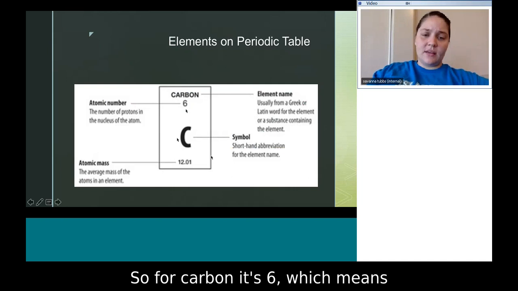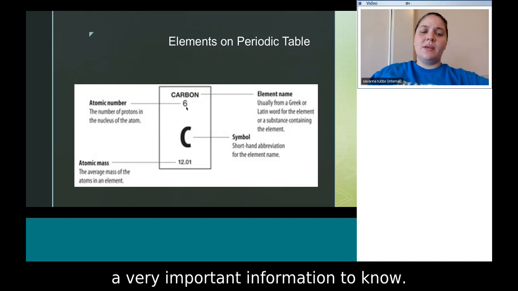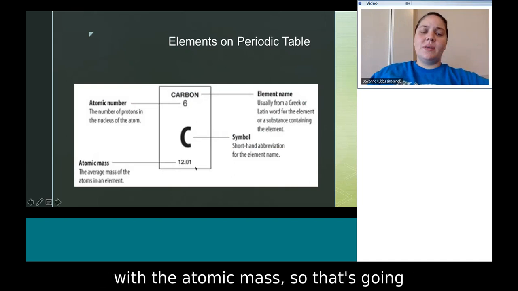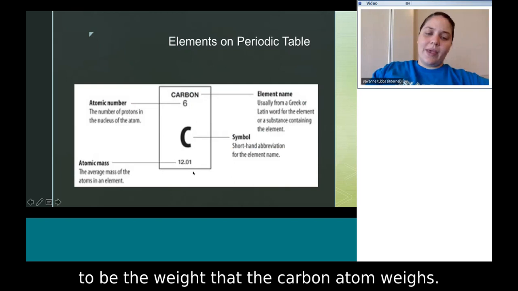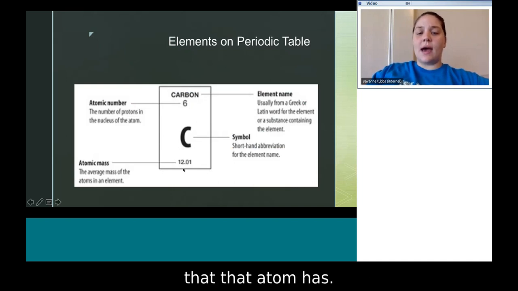For carbon, it's 6, which means it's going to have 6 protons, and that's very important information to know. And then finally, it provides you with the atomic mass. That's the weight that the carbon atom weighs, and it's the number of protons and neutrons that that atom has.